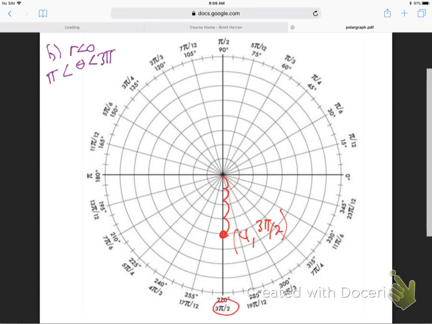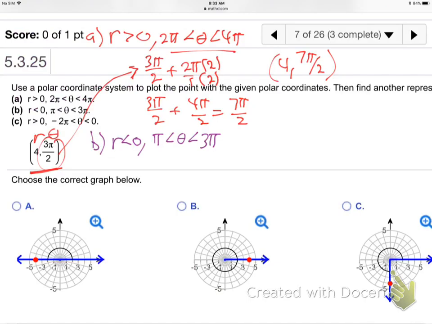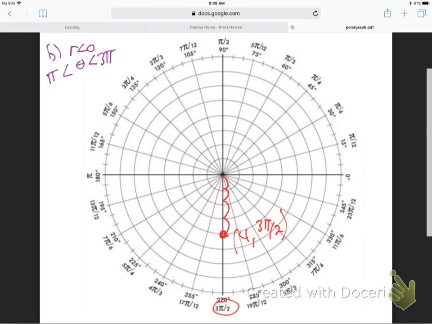See if you can get that. Same location, said negatively. And then part C, let's leave it at that. Give you a second there, try that one.